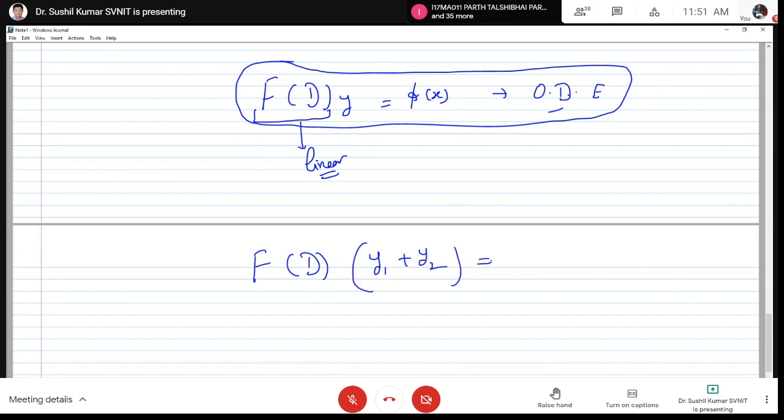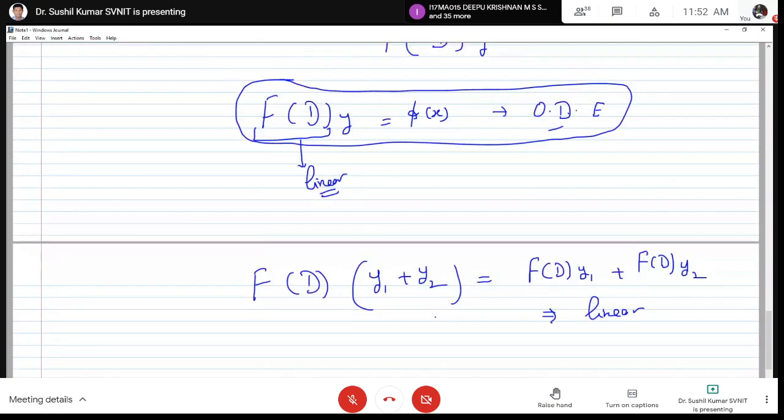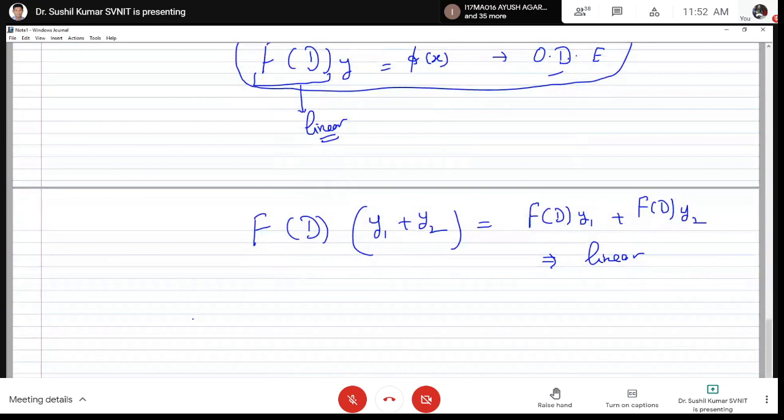So if this is equal to f D of y1 plus f D of y2, then it will be linear, otherwise not. Okay, and that will be only possible. Yes, before that, I'll use one more thing here. So how will we get this f D here?